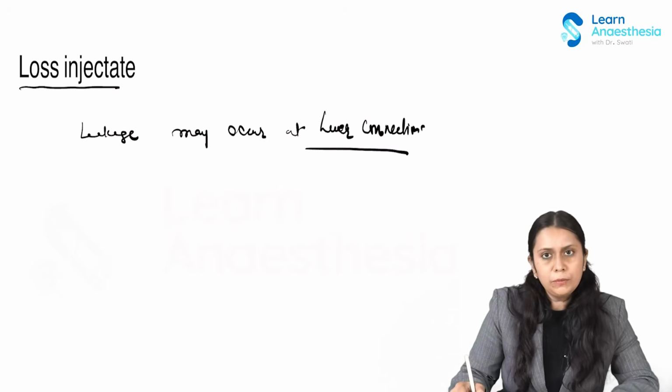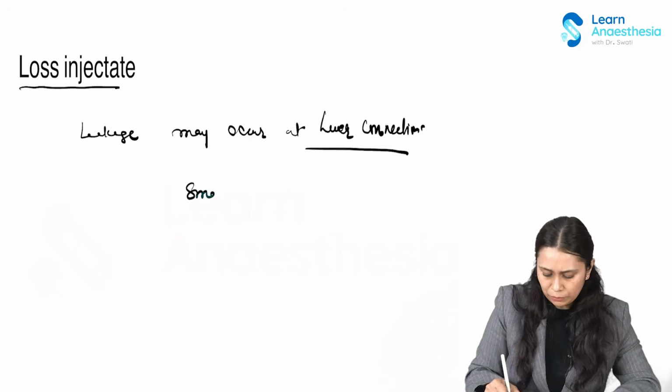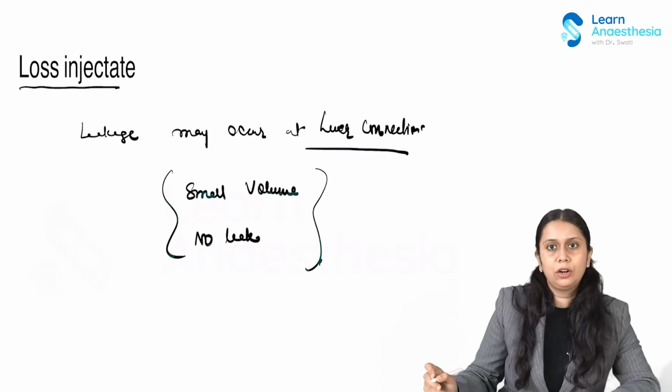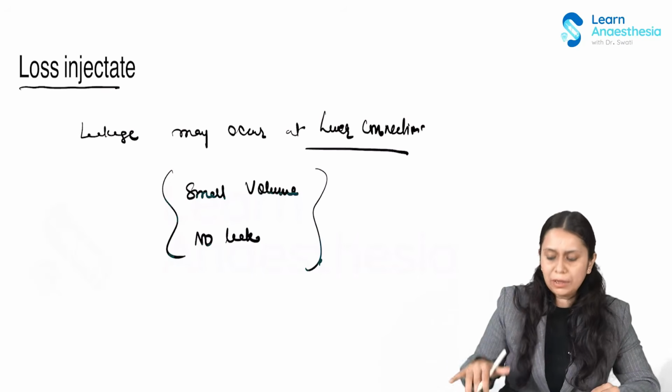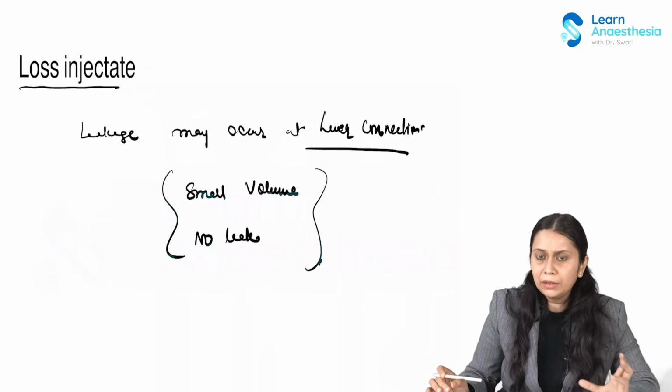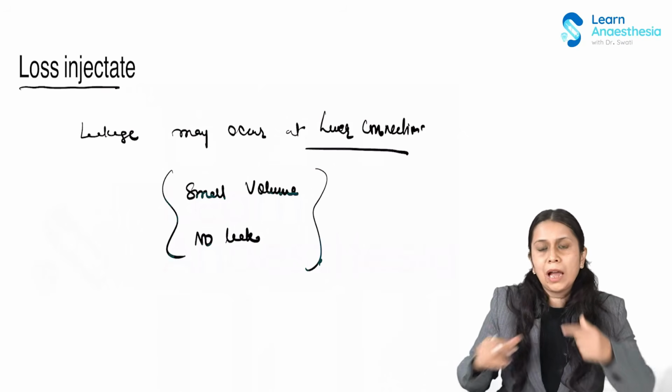Now, small volume is used, as I said. We use a very small volume. So, we have to see that there should be no leak, right? Loss of injectate should not happen, right? So, how should I fix it? How should I fix the needle when I am injecting the drug?